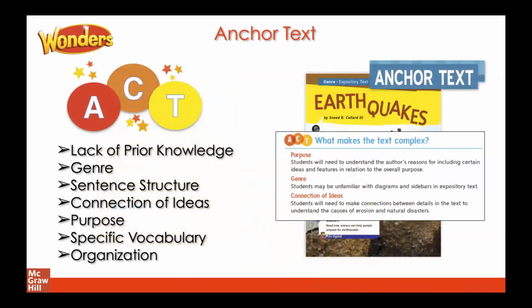Now, as we're taking a look here at these anchor texts, we're going to see what are called ACT questions or prompts. And ACT is going to stand for accessing complex text. These are going to be features of the text that are not necessarily identified by a computer system that would be leveling that text. And so this is going to address concerns about prior knowledge, connection of ideas, specific vocabulary or organization.